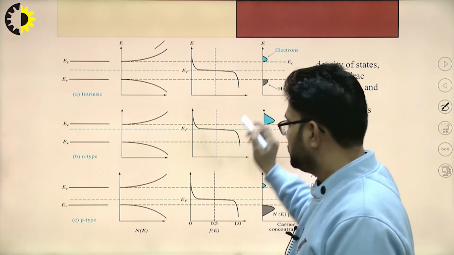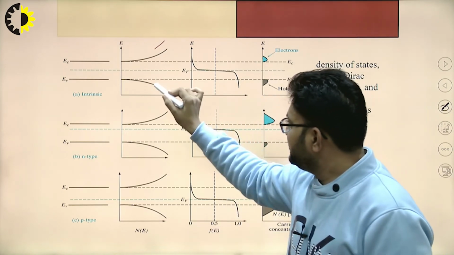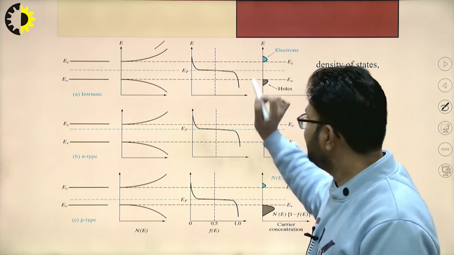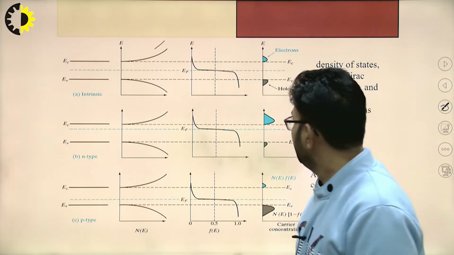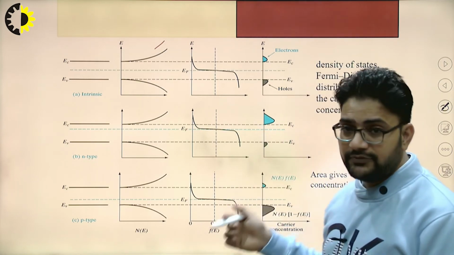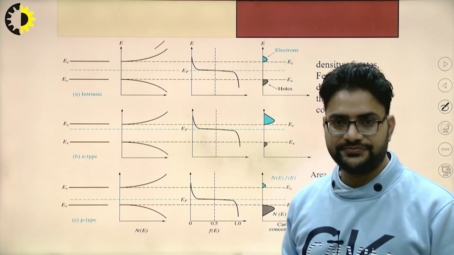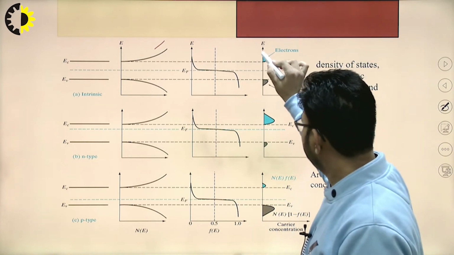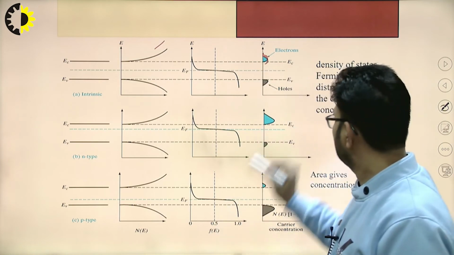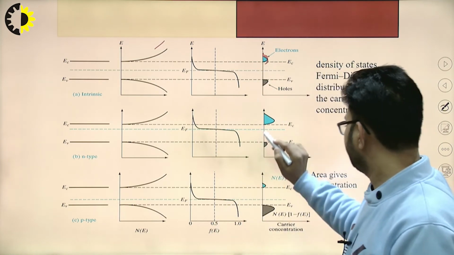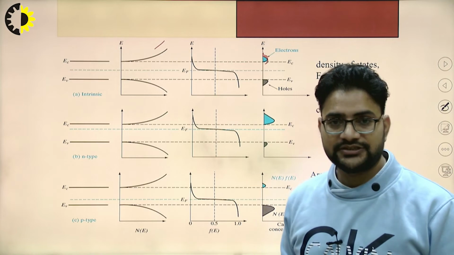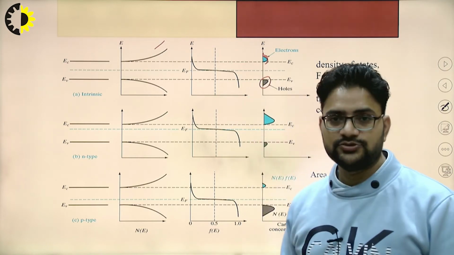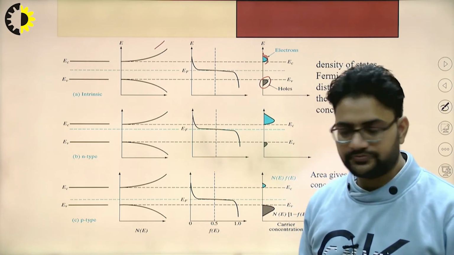If you multiply these two and integrate, what you will get is the electron concentration and the hole concentration. So it is computed to be this. This area shows the electron concentration, and this gray shaded area shows the hole concentration.